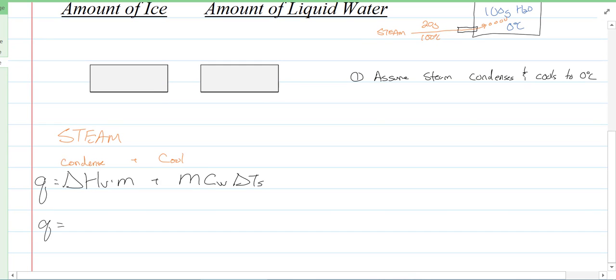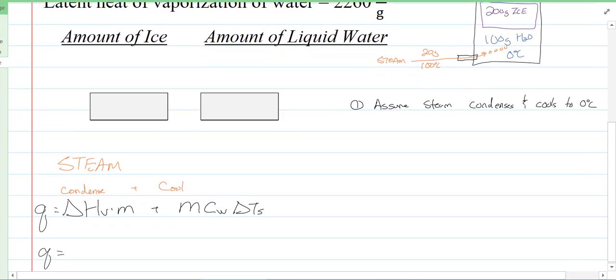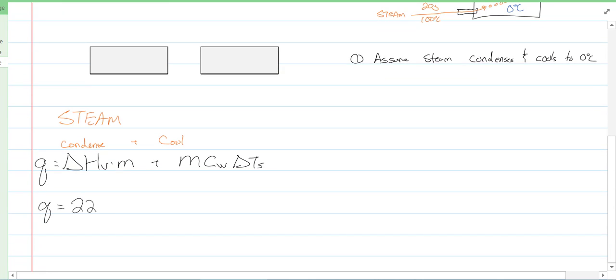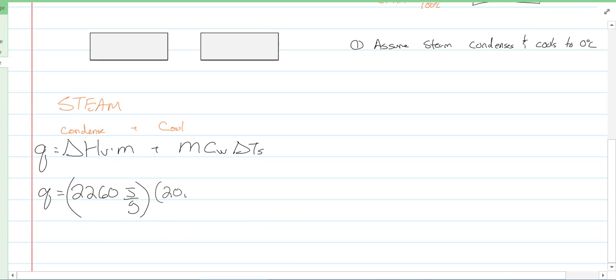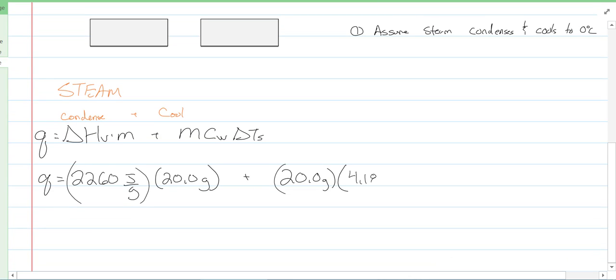Q, delta HV on our constants, 2260 joules per gram. And the mass of the steam is 20.0 grams. It's now liquid water once it condenses, so it's 4.184 joules per gram degrees Celsius. And delta T, I'm assuming the final is going to be 0 minus the initial 100.